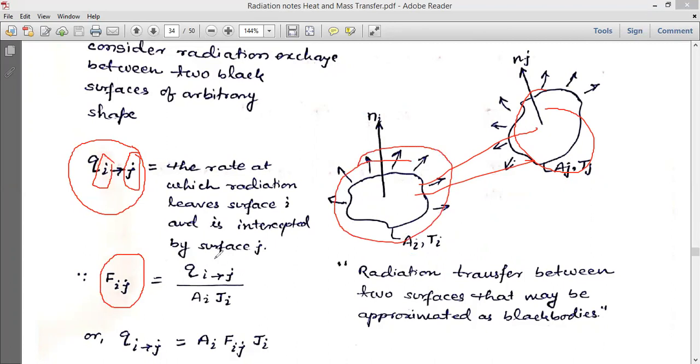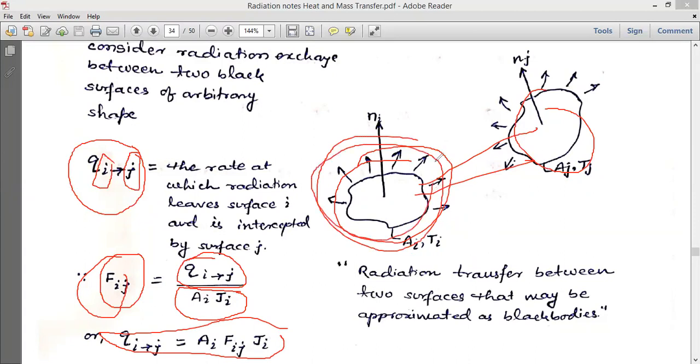So the ratio of these two: the radiation intercepted by surface j is Qij, and the total radiation coming out of surface i is Ai Ji. The ratio between these two is nothing but the shape factor Fij. So Qij will become Ai Fij Ji. All the radiation that is coming out of surface i is called the radiosity.